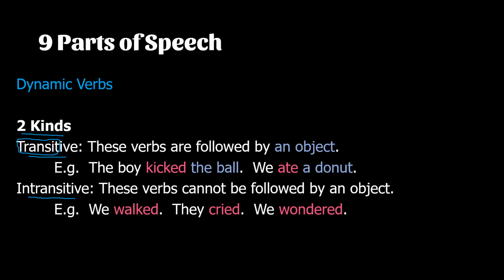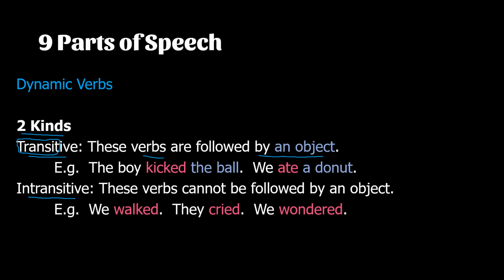So kicked is a transitive verb and it's followed by an object. So what happens is the ball was just sitting there and then it got kicked. So there was some kind of movement or force or energy that impacted that ball. We ate a donut.